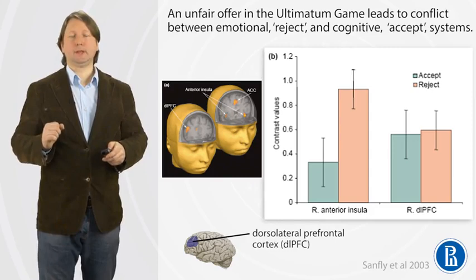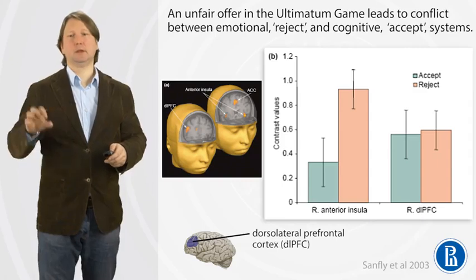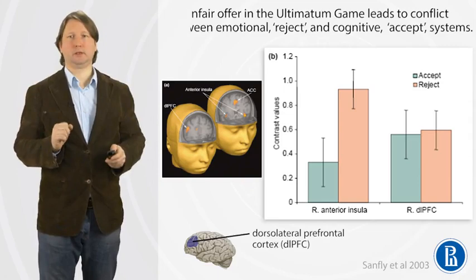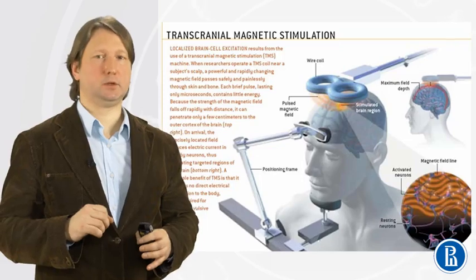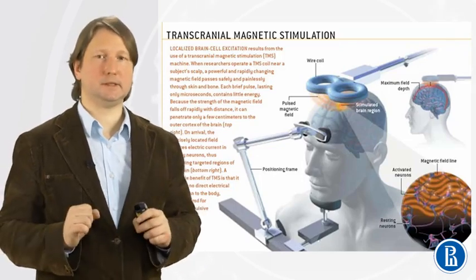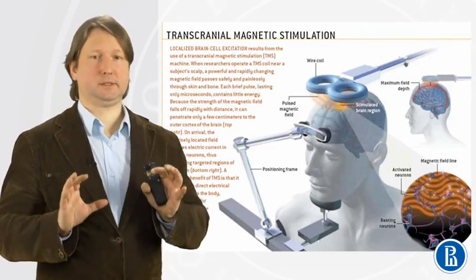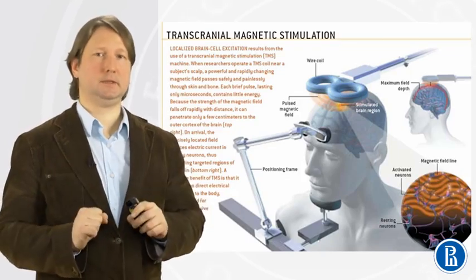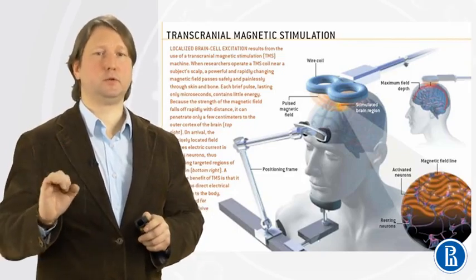And what happens if we temporarily shut down the dorsolateral prefrontal cortex? This is our rational brain area. We can do it using transcranial magnetic stimulation. We will discuss these methods in detail during the next lecture. But with magnetic pulses, we can temporarily inhibit the activity of certain brain areas, for example, the dorsolateral prefrontal cortex.